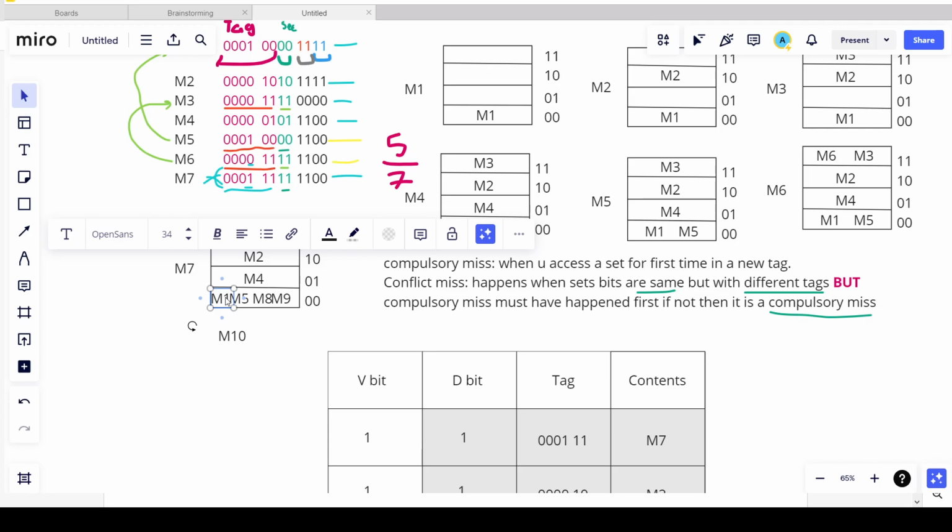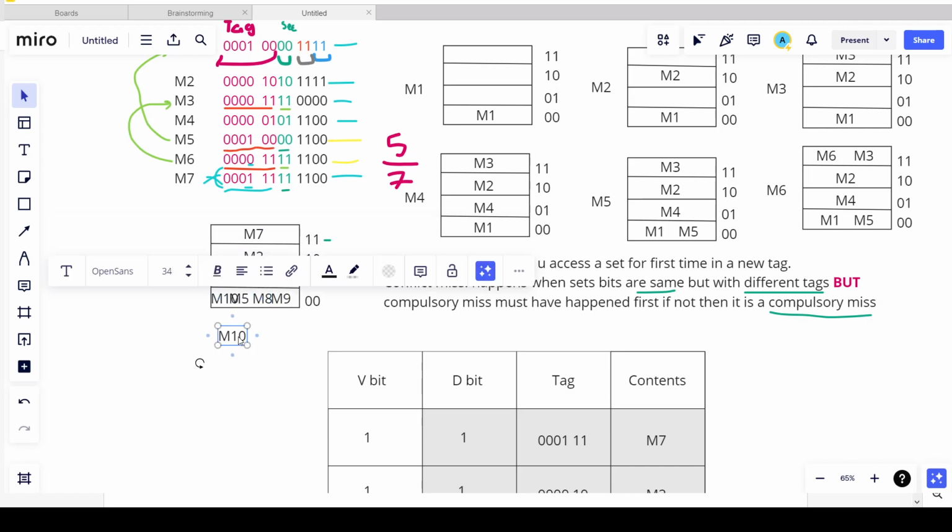So we delete M1 and we put M10 instead of it. So now we have M10, M5, M8, M9.